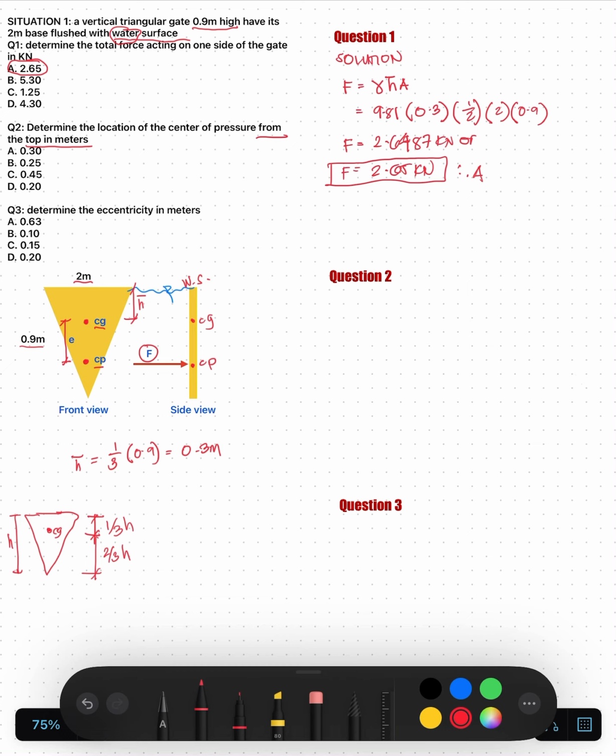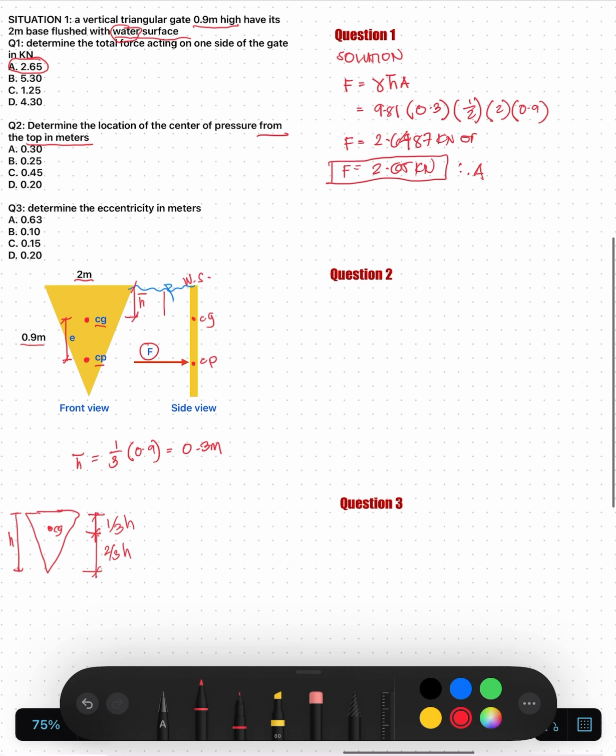So we can say that our solution for that is this one.